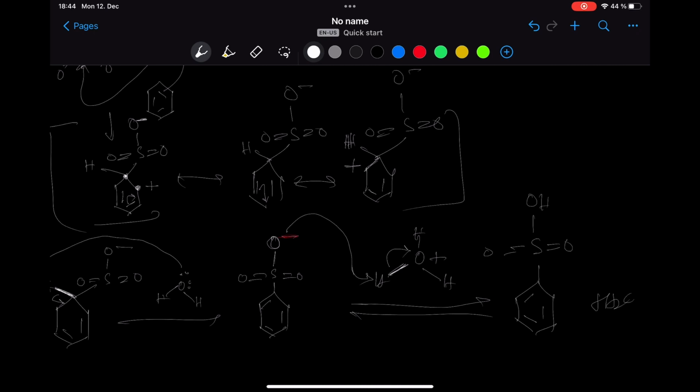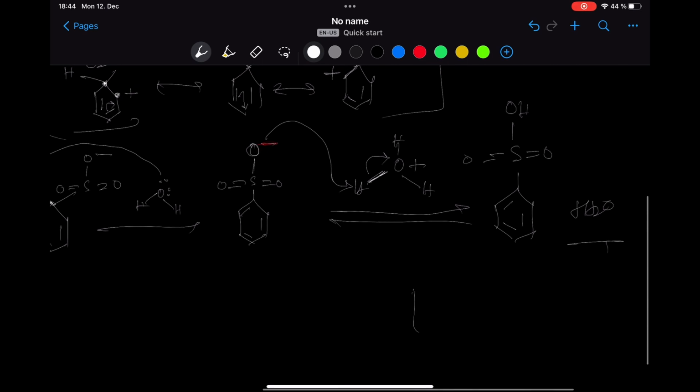And also maybe water here, or you can also write this like this. So this is the mechanism of the sulfonation reaction.